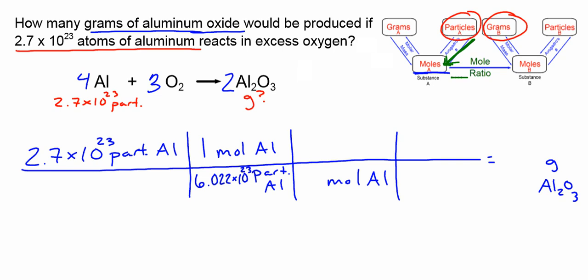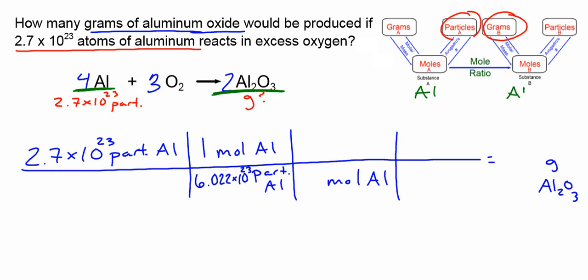Now I'm heading into the mole ratio step. The mole ratio is the ratio of my 2 different species. So I'm starting with aluminum. I'm ending with aluminum oxide. So I'm going to the other moles, the moles of the other compounds. So you could think of it this way. If I erase everything on my flow chart, this side is all my aluminum.